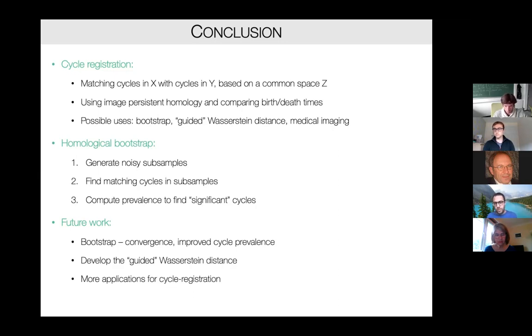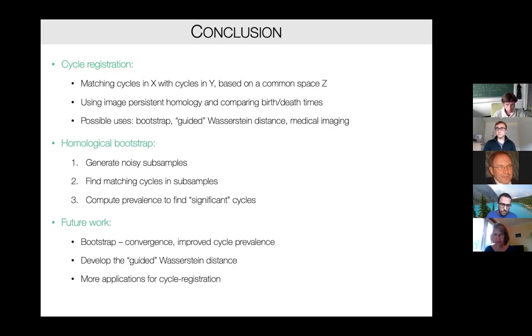That gives you a score that, at least in the toy examples, is able to recover things that you cannot recover by just looking at the persistent homology. In some cases where you have something which should be considered statistically significant, but it's either hidden inside some noise or it's too small to be observed, you can find it with those prevalence scores.